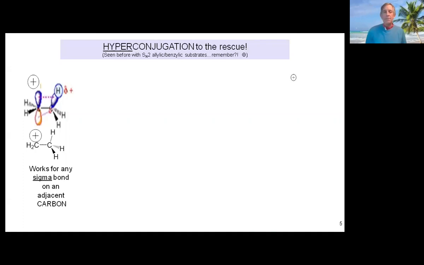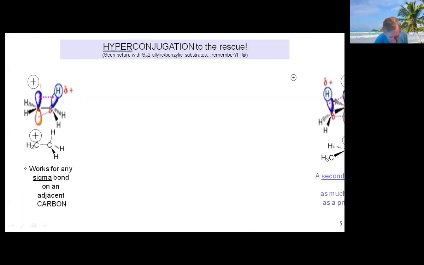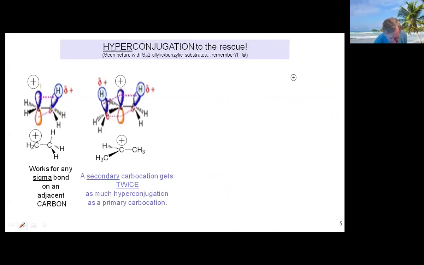Let's say we want to name this. This has only one carbon attached, so this is a primary aliphatic carbocation. And so it doesn't have very many carbons attached to it.